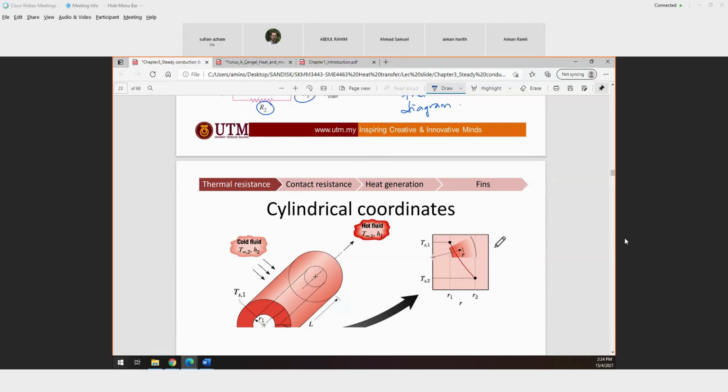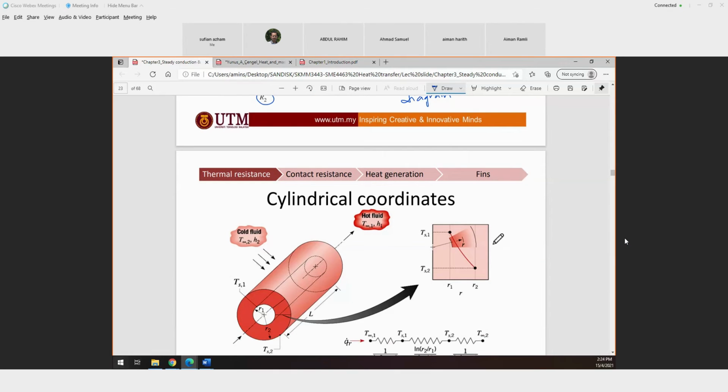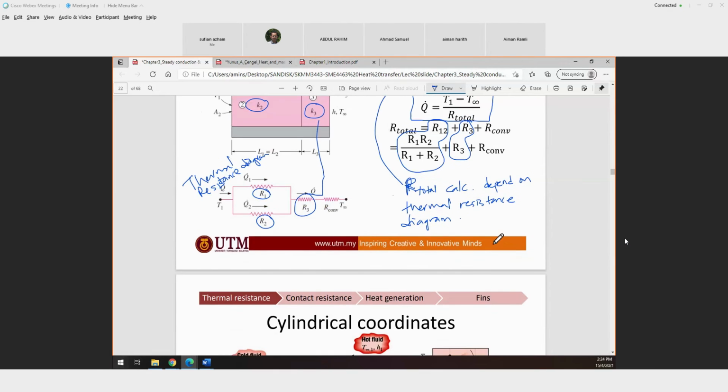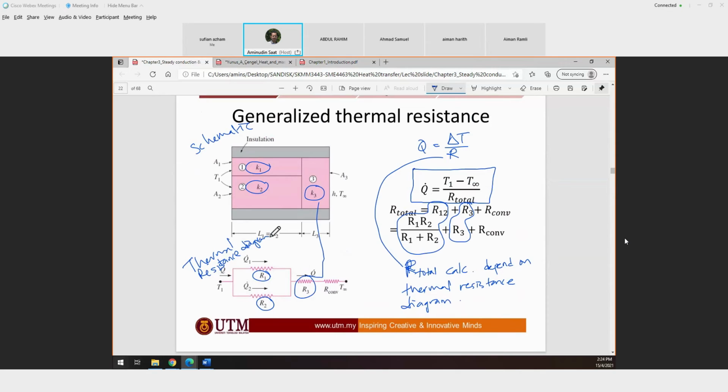Okay, any questions? Generalized thermal resistance. You need to understand that there are only two arrangements, series and parallel. Whenever you find a series arrangement, you just add the resistances directly.